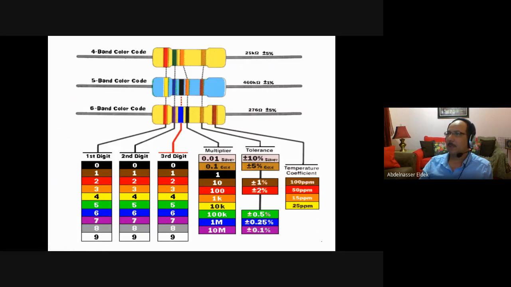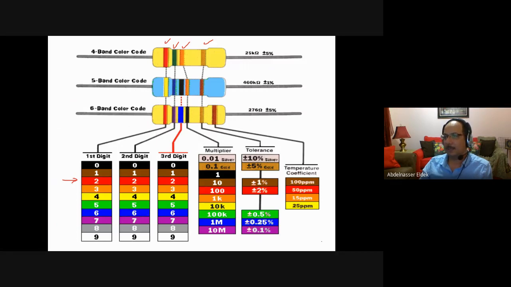So for example, if we have only four colors, like this, you have one color, second, third, and you have the fourth color. Each color has a number. So for example, if you look at the first color, red is 2.